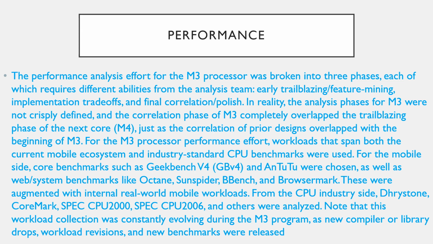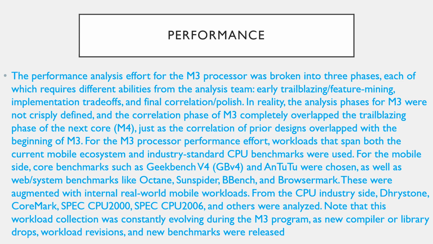For the M3 processor performance effort, workloads that span both the current mobile ecosystem and industry standard CPU benchmarks were used. For the mobile side, core benchmarks such as Geekbench v4 and AnTuTu were chosen, as well as web benchmarks like Octane, SunSpider, BBench, and BrowserMark.